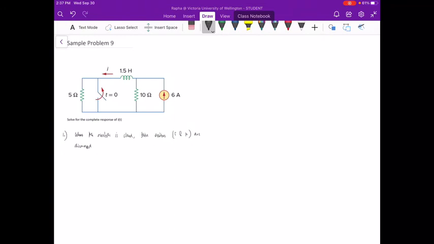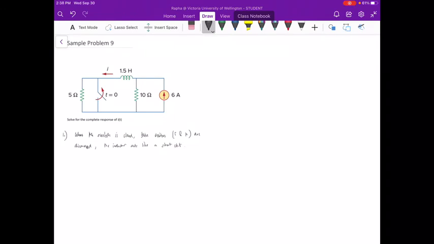So both of these resistors are discarded because they are both in parallel to the switch, and when the switch is closed, both of these resistors are short circuited. Also, the inductor under DC conditions acts like a short circuit as well.